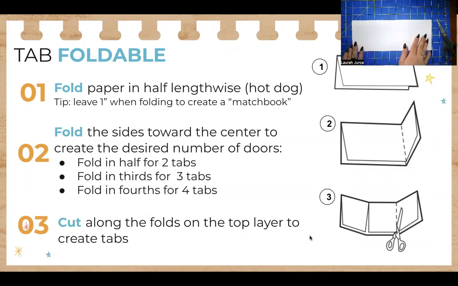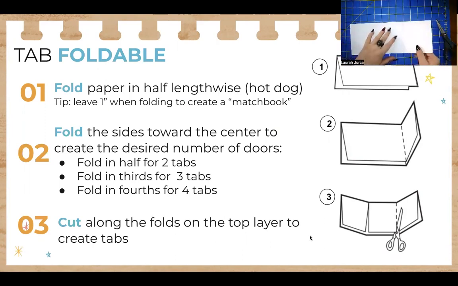Then we're going to fold the sides again to create the correct number of doors that we want. For this example, I'm just going to create a 3-door organizer. So I'm just going to fold my hot dog into thirds as best I can, trying to make it even. Doesn't have to be perfect. And so now I've got my 3 doors.